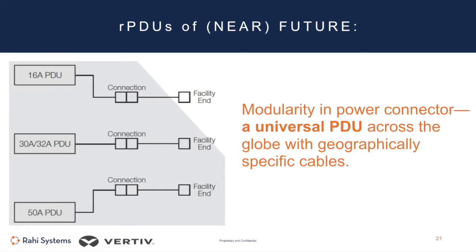So either 16, 30, or 50. So the PDU can remain the same for each of these applications, and it will become whatever it's connected to. So across different geographies, it can be 16 amps, 30 amps, or 50 amps, depending upon the needs of the customer and the power installation.